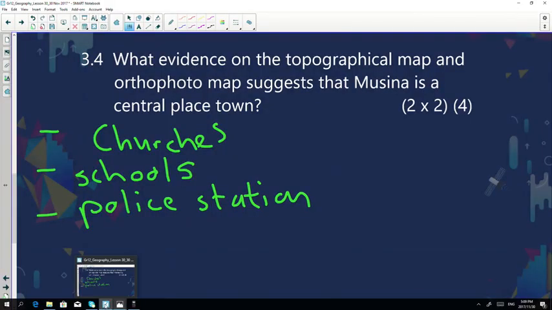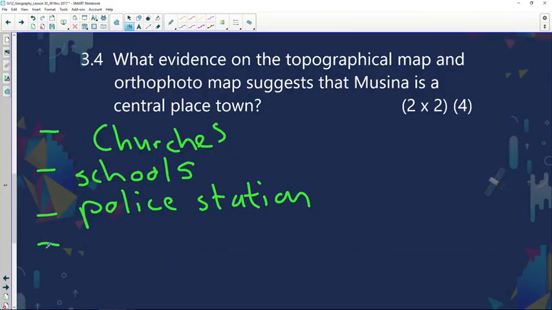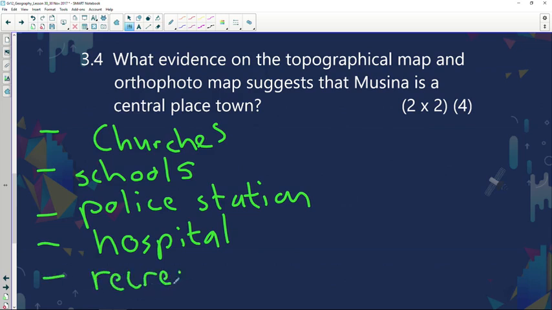Now let's just go back to our question. There's a police station. We've seen that. There are shops. There's a hospital. And there are recreational facilities.